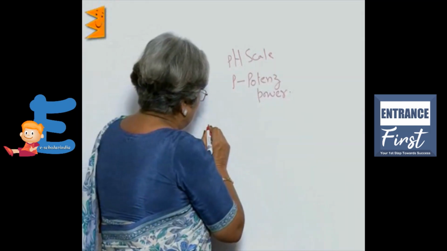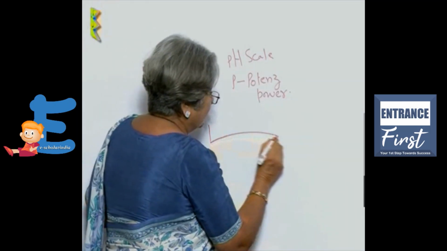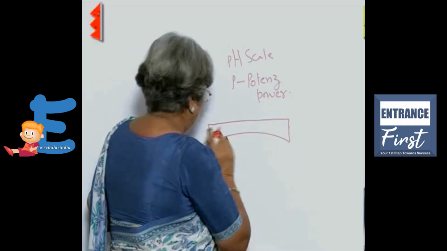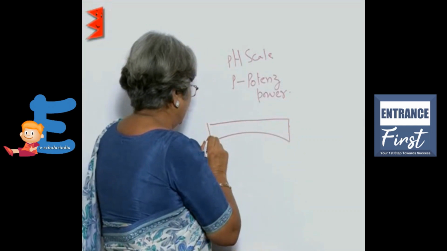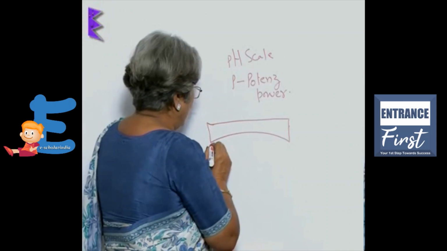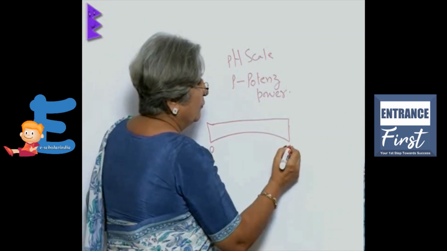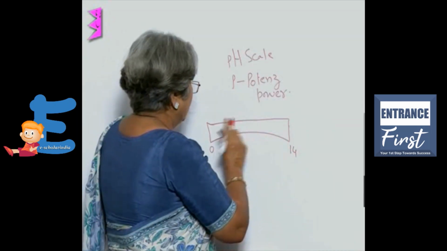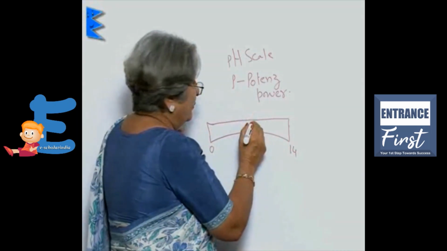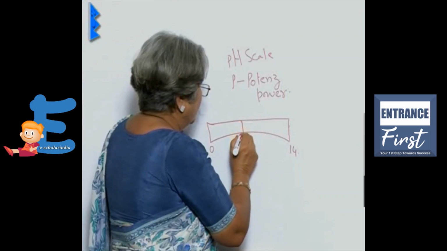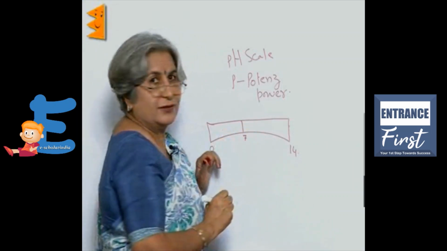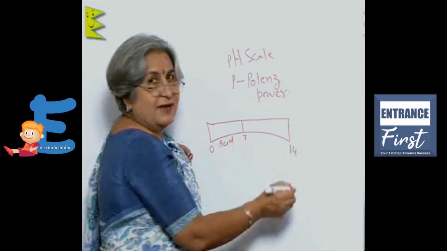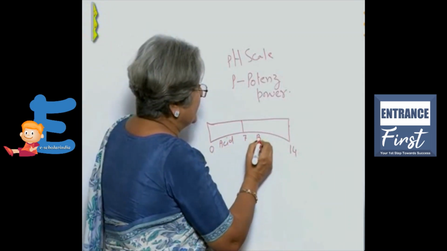If we take it like this, what we find is that the scale is from 0 to 14. It keeps on becoming narrow. The neutral is at 7. So 0 to 7 is acid and 7 to 14 is base.